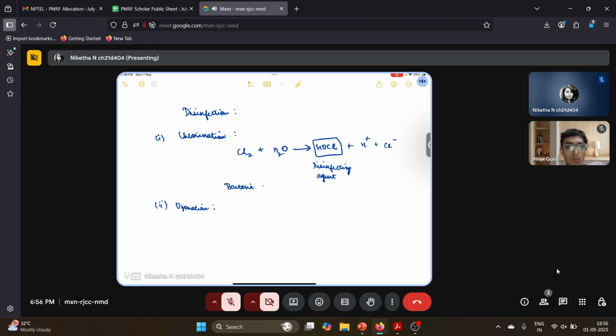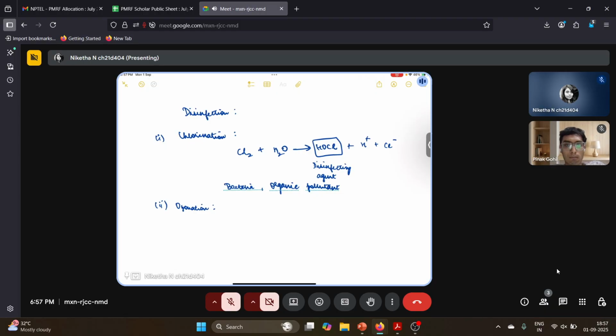So, if other than bacteria, some other pollutant, organic pollutant is there, then this hypochlorite will react with that organic pollutant and it will produce some byproduct. Those byproducts are harmful for our health.